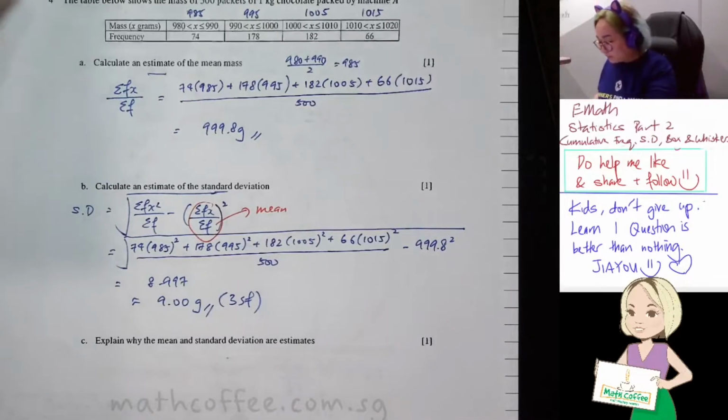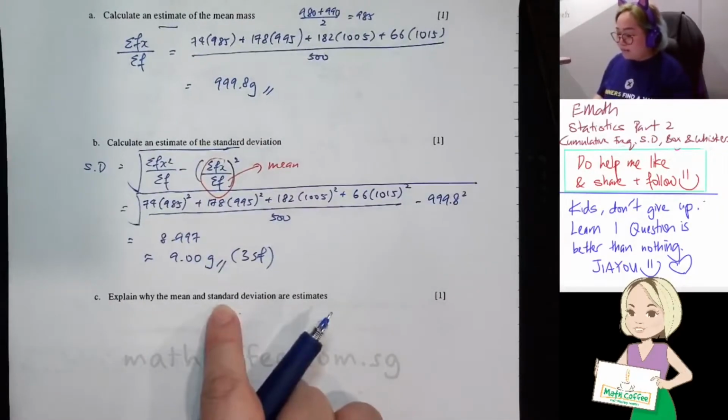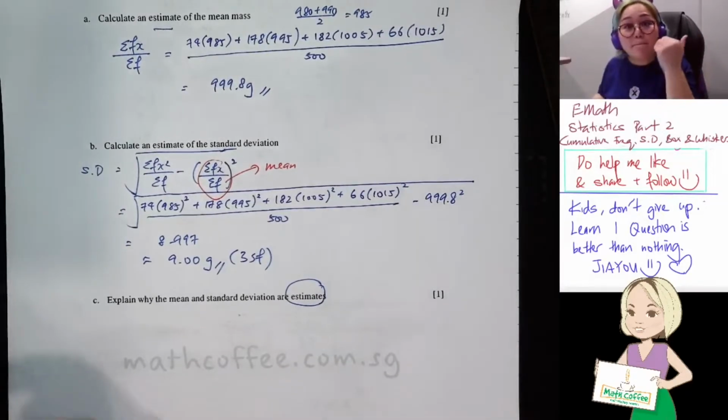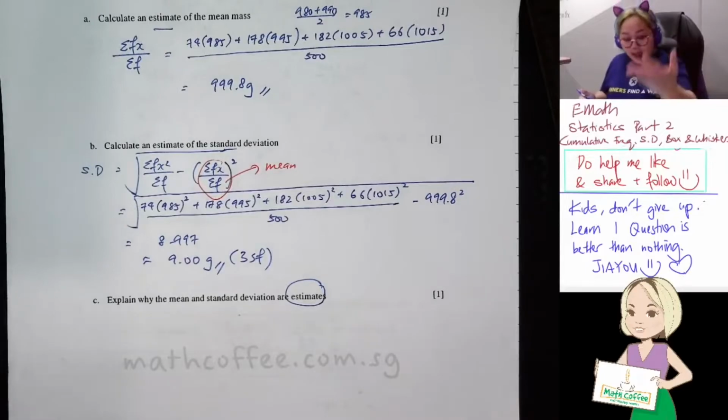Now next, they ask you to explain why the mean and standard deviation are estimates. Just now I already gave you the answer, because we're using the mid value instead of the actual data.